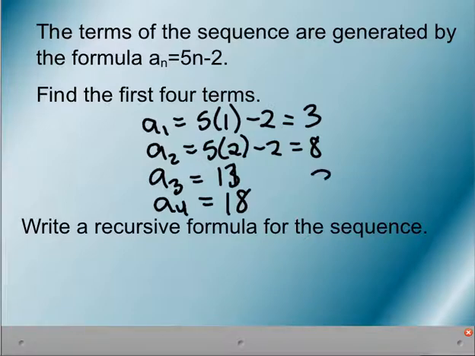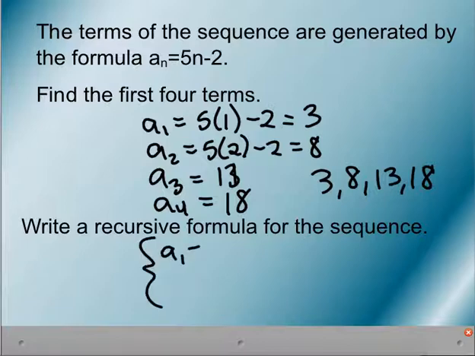So my pattern, 3, 8, 13, 18, means that I add 5 to the previous term. And I always start my recursive formula saying a sub 1 is 3 in this case, and a sub n is 5 plus a sub n minus 1. We always do something to our previous term, a sub n minus 1.